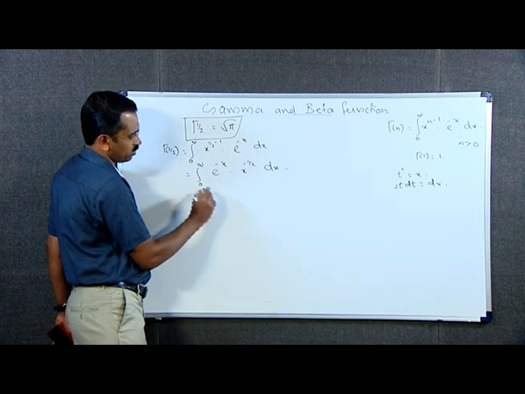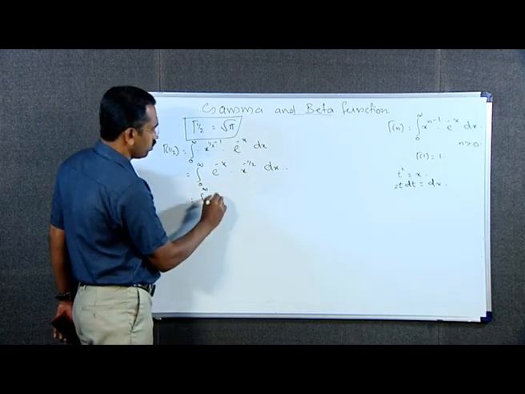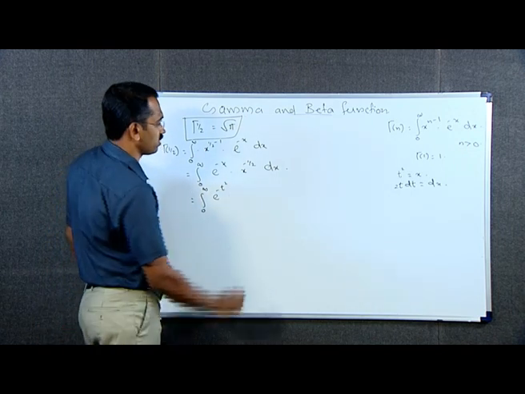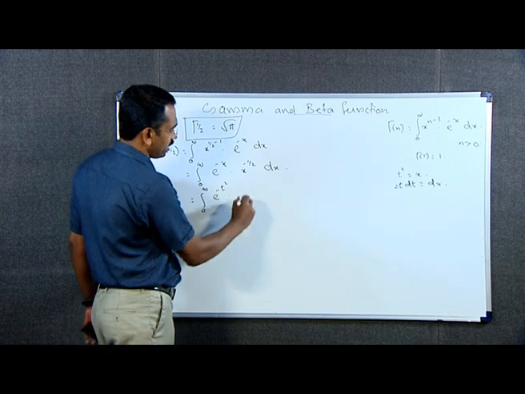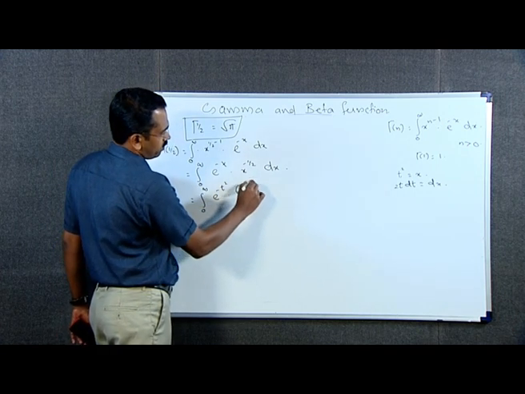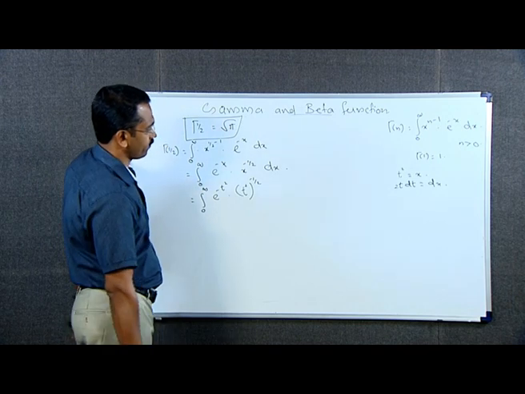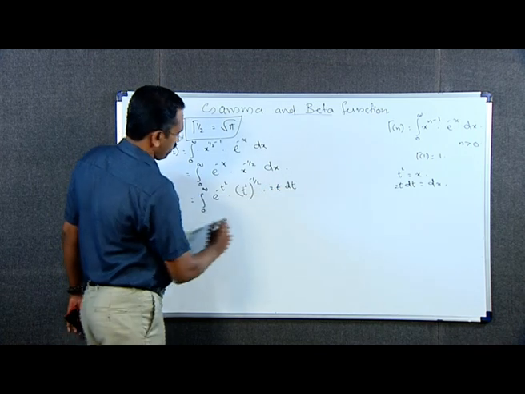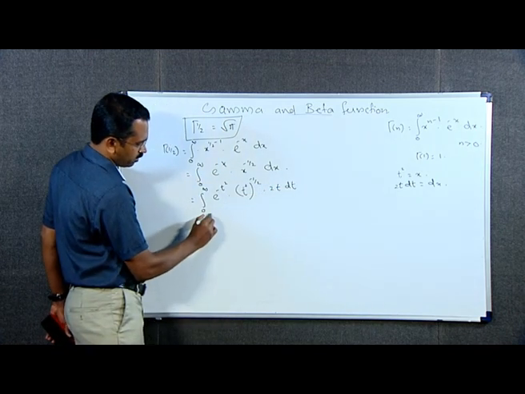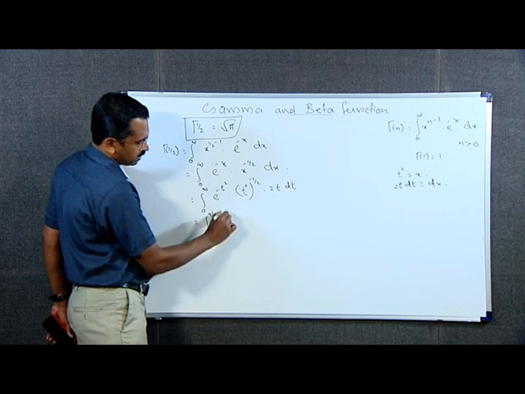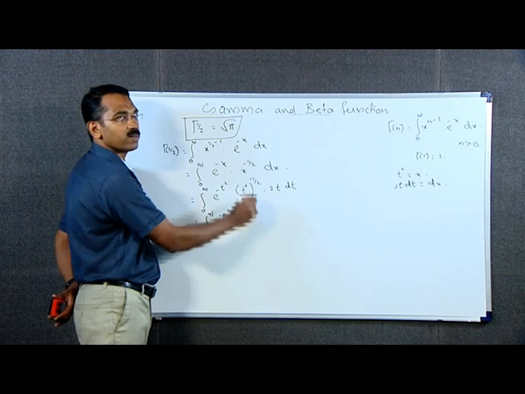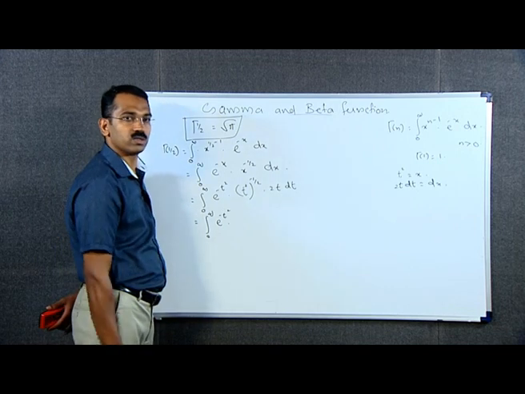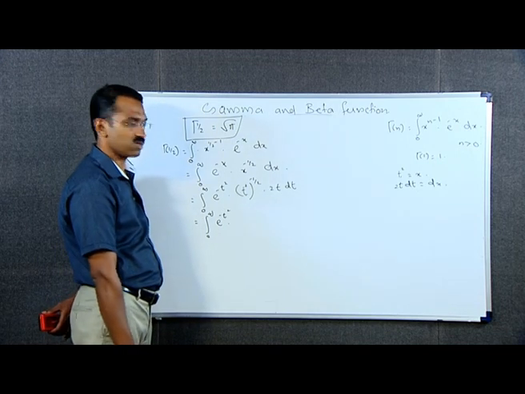This is equal to integral from 0 to infinity e raised to minus t square into x raised to minus 1 by 2, meaning t square raised to minus half, into dx, which is 2t dt. Here t square raised to minus half means t raised to minus 1, into t raised to 1, that is t raised to 0, which is 1.